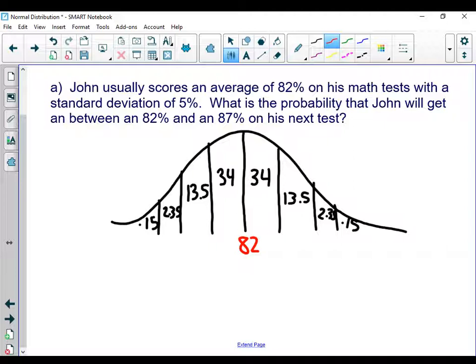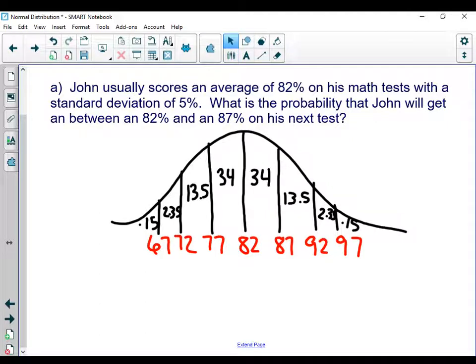So I'm going to add 5 and subtract 5. So 87, 92, 97, then I'm going to subtract: 77, 72, and 67. So I add my standard deviation 3 times to the right, and I subtract my standard deviation 3 times to the left.